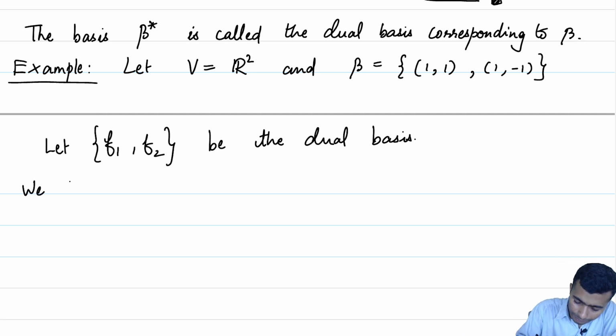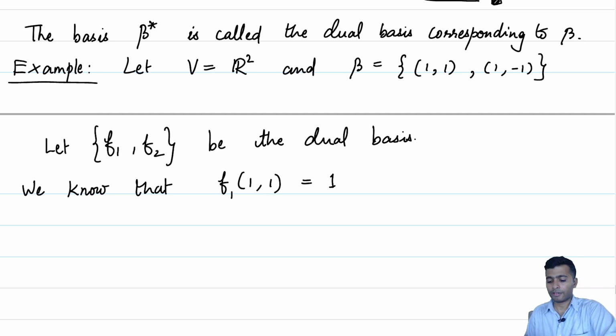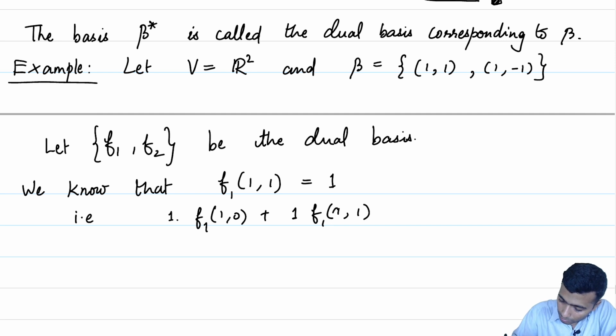So, we know that F1 of (1, 1) is equal to 1, but F1 is a linear functional. So, in particular, 1 times F1 of (1, 0) plus 1 times F1 of (0, 1) is equal to 1.